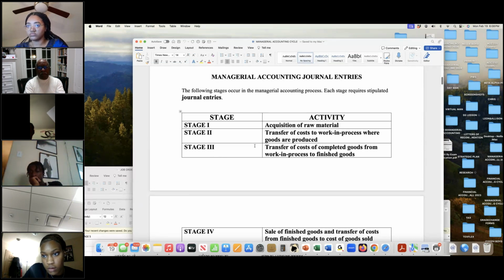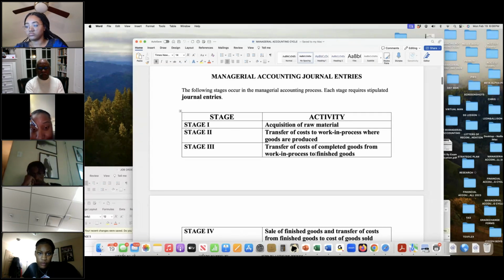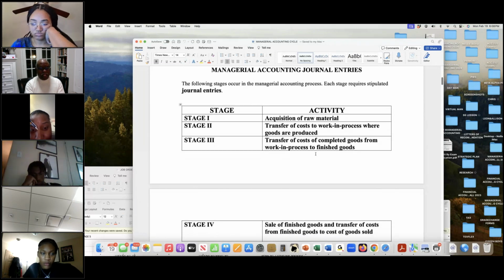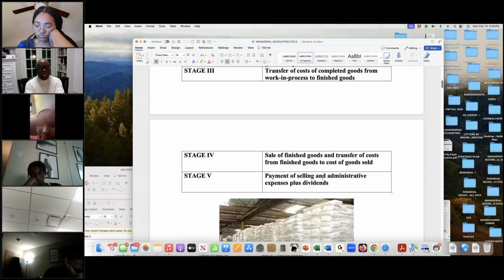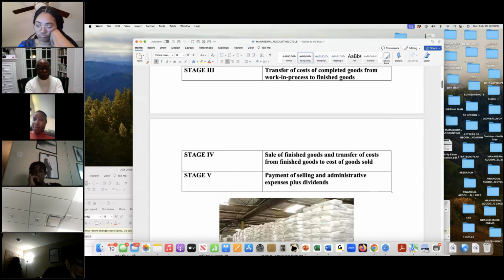In stage 2, we transfer the costs to work in process where the goods are going to be produced. So we transfer in the raw materials, add in labor and overhead. In stage 3, we transfer cost of the completed goods from work in process to finished goods. Stage 4, we sell the finished goods. Stage 5, we pay selling, administrative expenses plus dividends. So we want to make sure we're looking at the entire picture as we look at this.